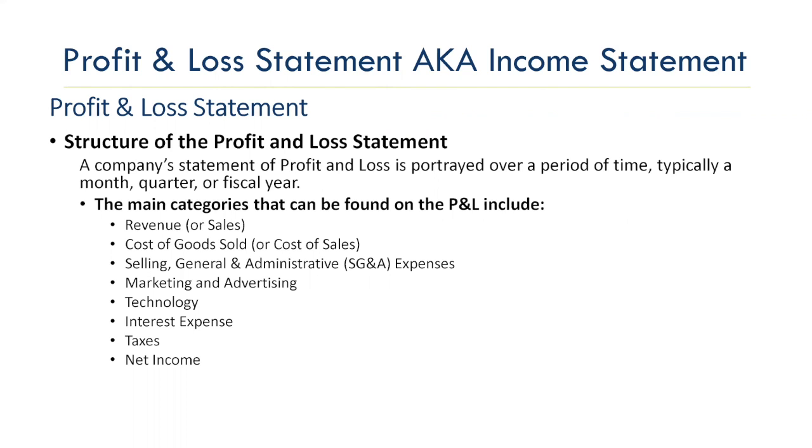We don't include the principal payments, only interest expense on loans, technology. And then after you take revenue minus cost of goods sold and minus all your other expenses, you get the net income. And that's pretty much how profitable this is. How much money does your business make at the end of the day for a certain period of time?